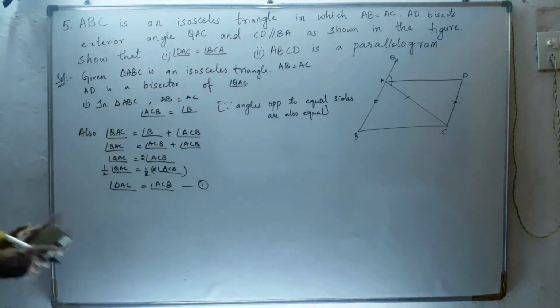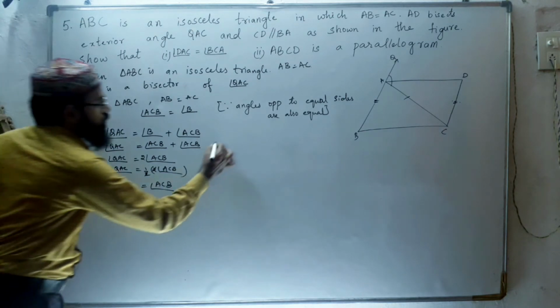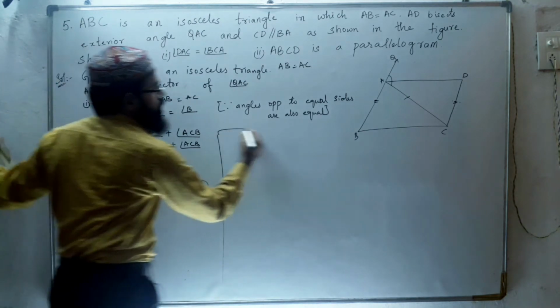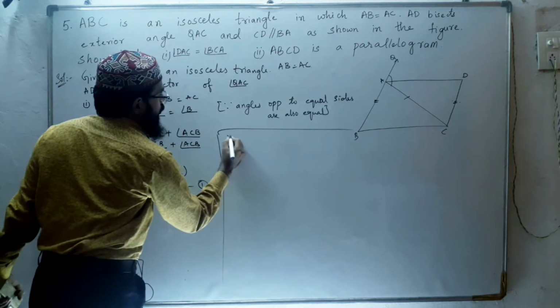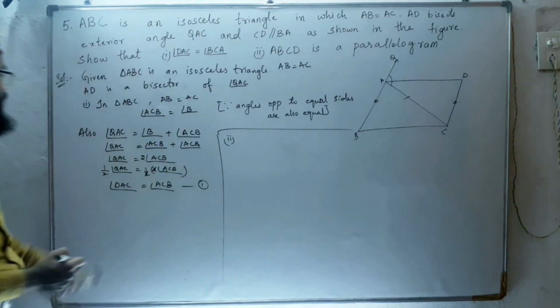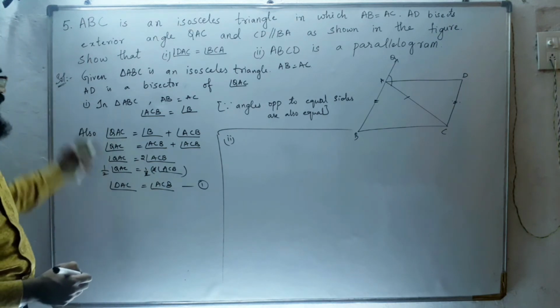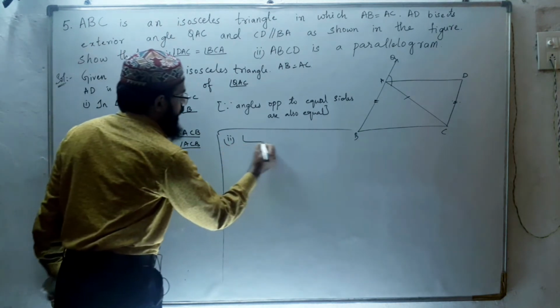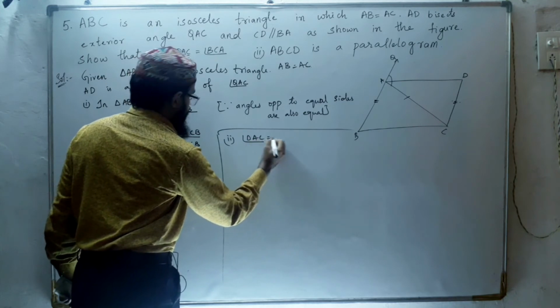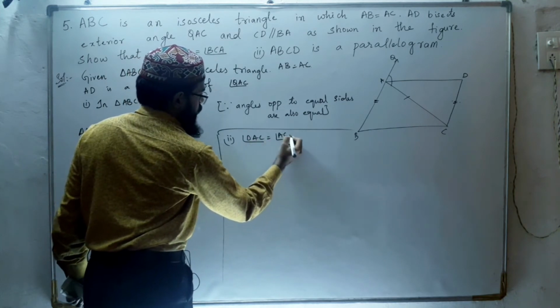Next is the second bit. In the second bit we will use the answer of the first bit, that is angle DAC is equal to angle ACB.